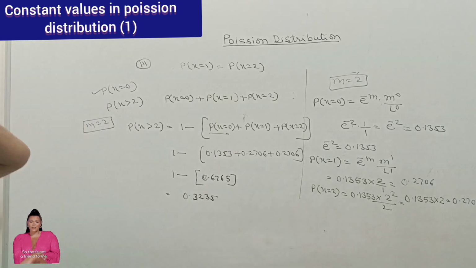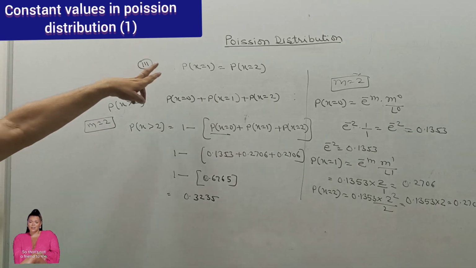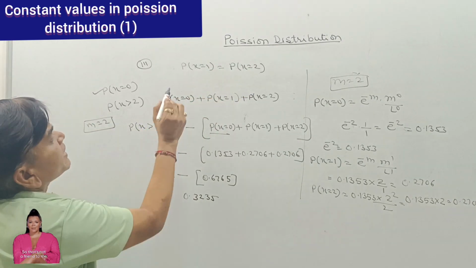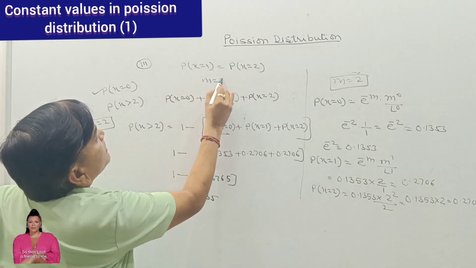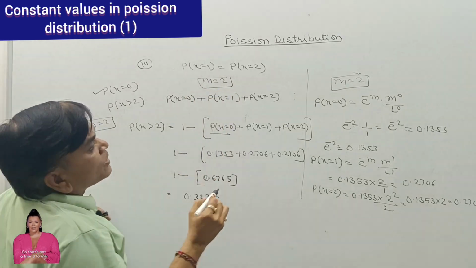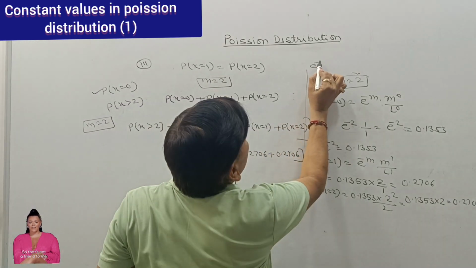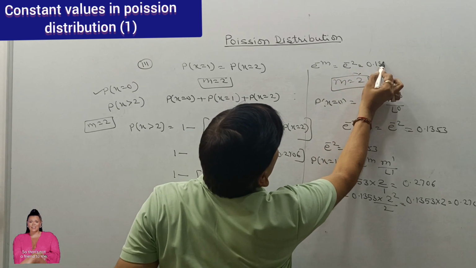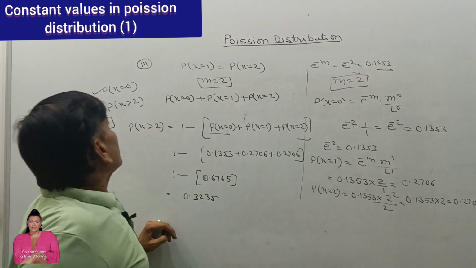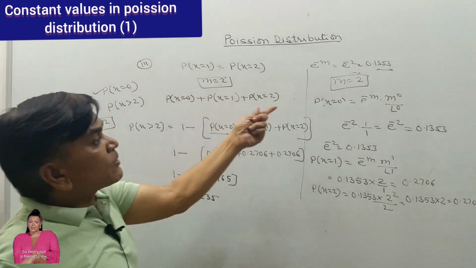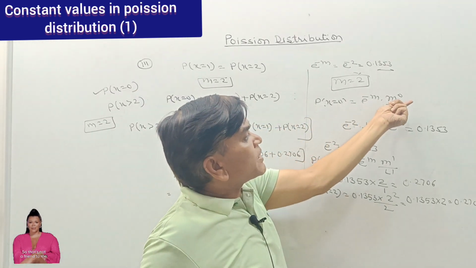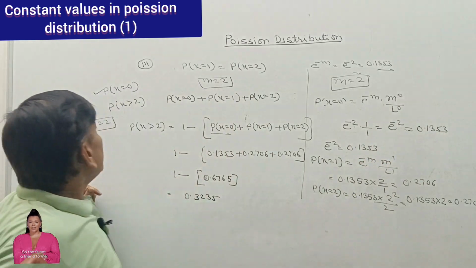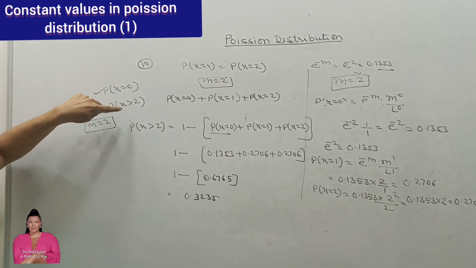So in this question, what we have done first: P(x=1) is given equal to P(x=2), so we have calculated the value of m is equal to 2. Then e raised to power minus 2 is 0.1353. If P(x=0) is to be calculated, e raised to power minus m, m raised to power 0 upon factorial 0, that is 0.1353. Then they ask P(x>2).